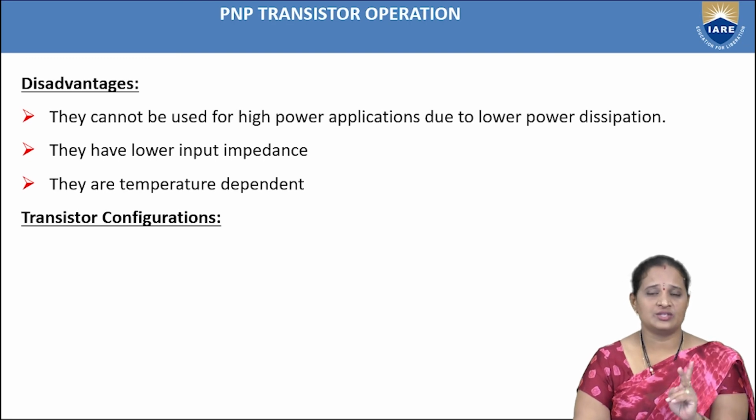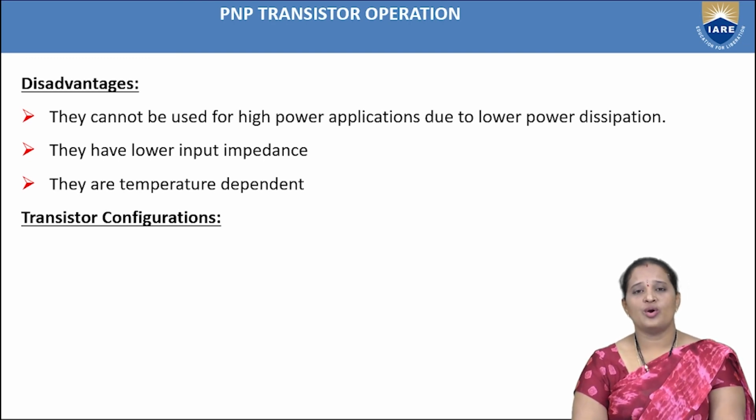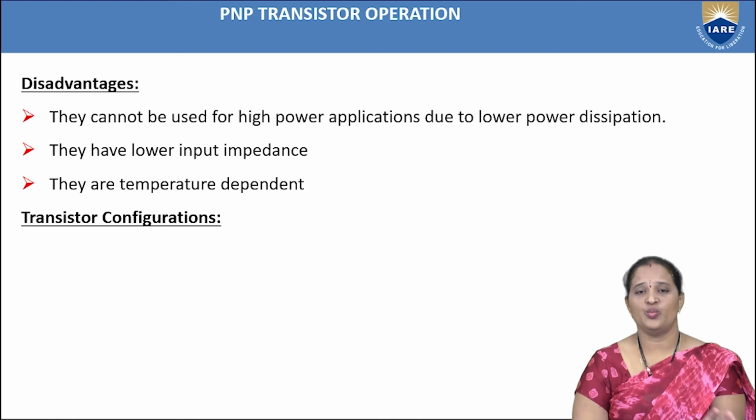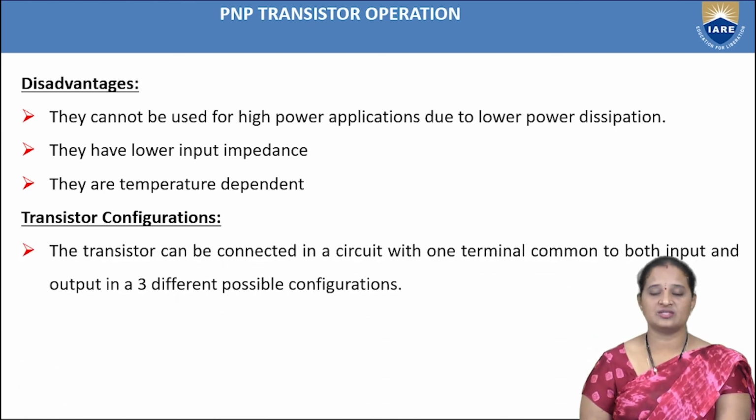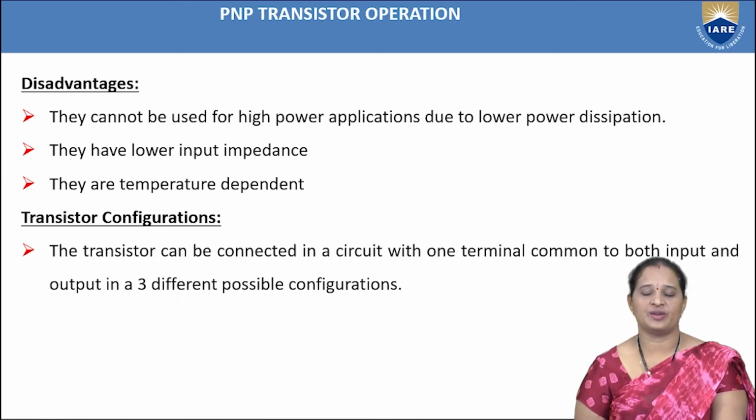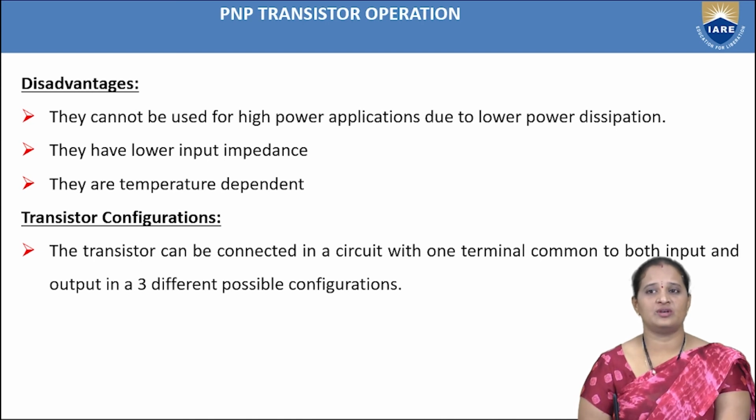The transistor is a 3-terminal device. As it is a 3-terminal device, we can connect the transistor in 3 configurations by taking any one of the 3 terminals as common and the remaining 2 terminals, one as input terminal and the other as output terminal.